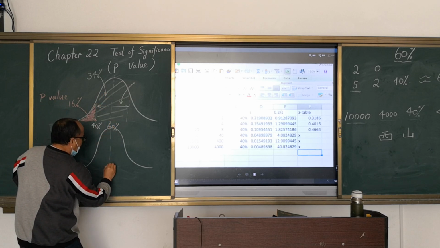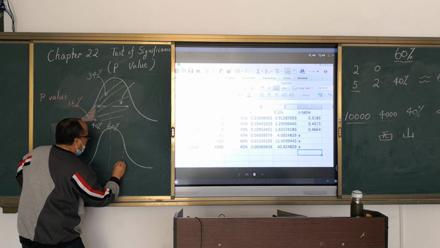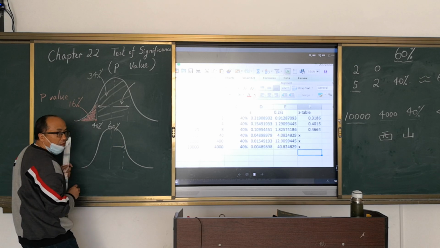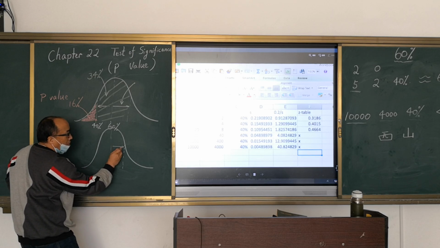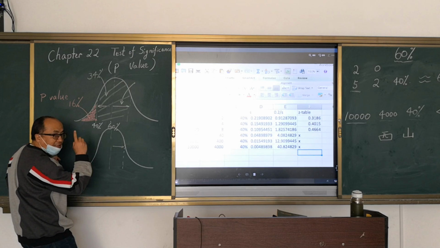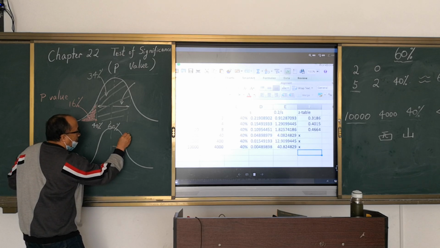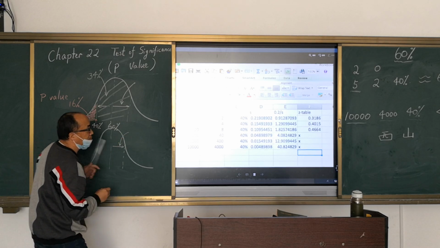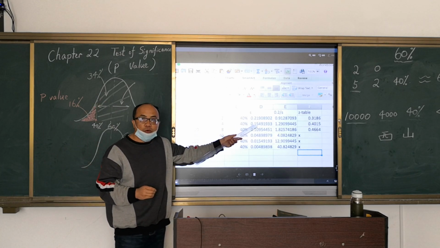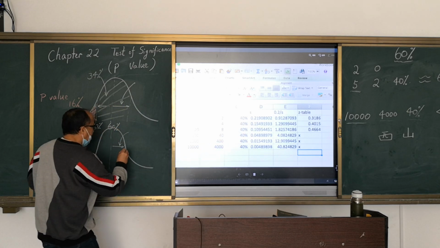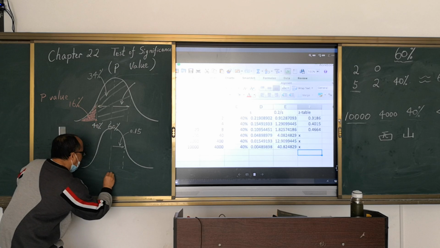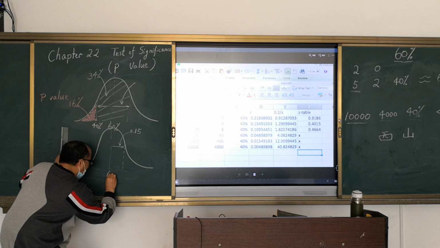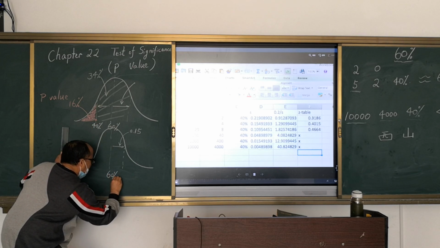From here to the waist is one standard deviation, 0.15. So this is all still 60%.